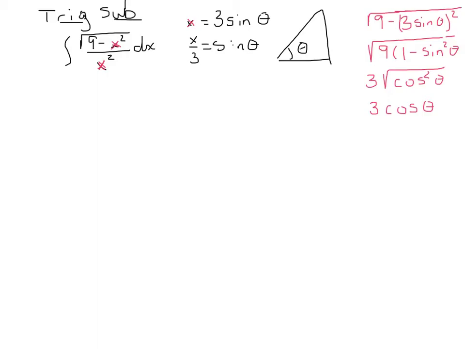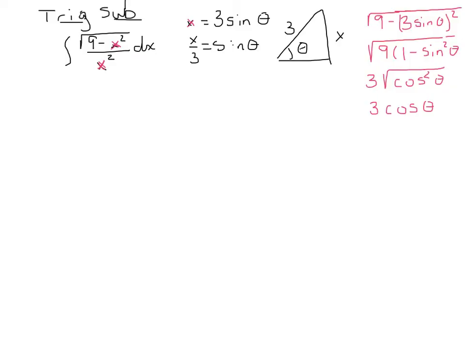Sine is opposite over hypotenuse, so the opposite is x and the hypotenuse is 3. Now I'm going to find this other leg just looking at the triangle, not looking at any other information on this page.